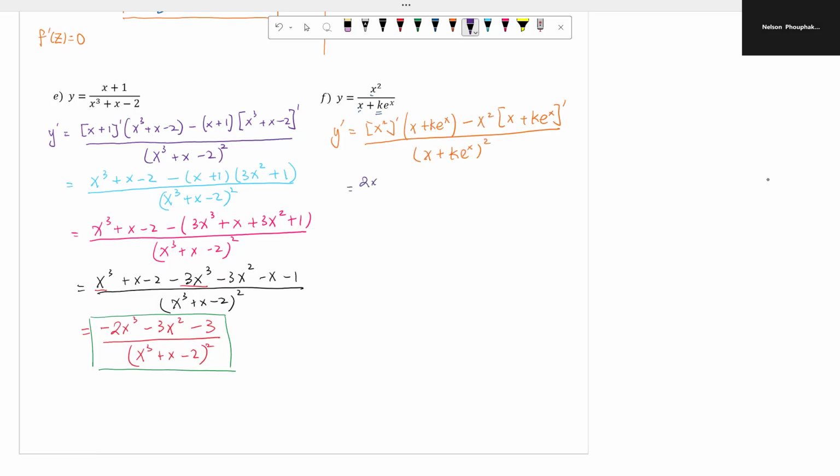Then I will have 2x times x plus k times e to the x minus x squared times the derivative of x, which is 1, plus, again, the derivative of k times e to the x. Since k is a constant, we could take out the k, and then we take the derivative of e to the x, which is e to the x. So it's just k times e to the x.